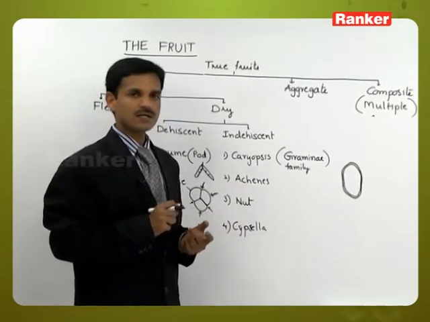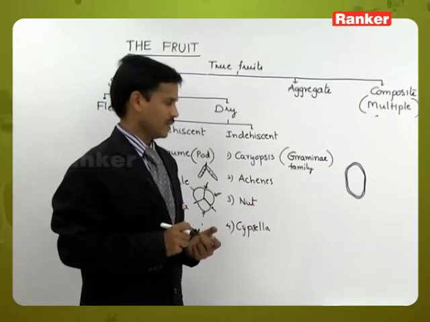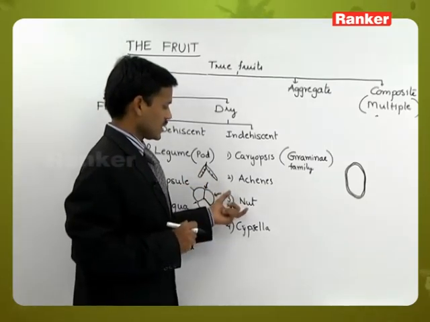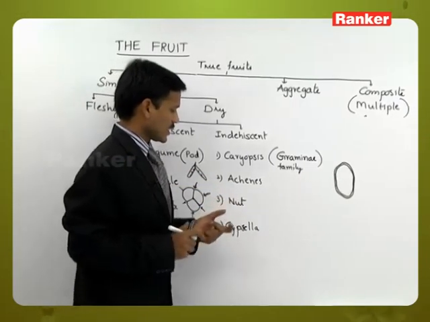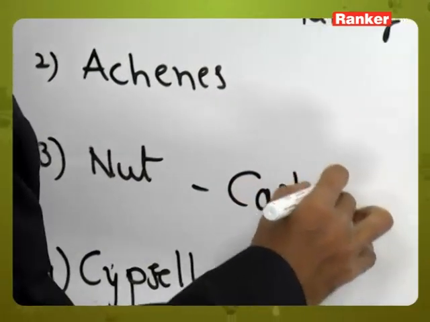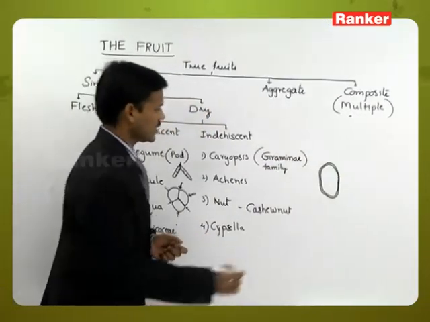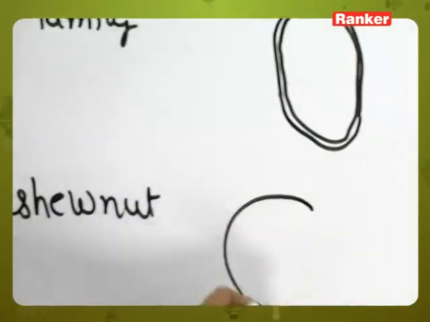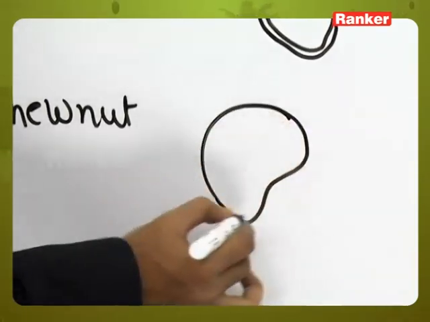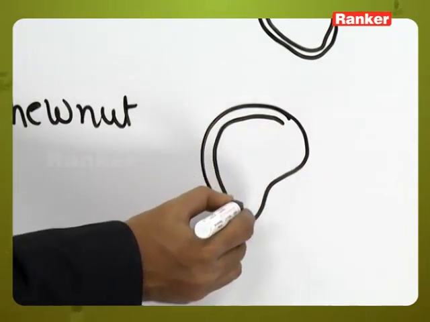In achenes the fruit wall and seed coat are fused incompletely. And the nut is observed in the cashew plant, cashew nut. Here the fruit wall and seed coat are completely free, not fused. The fruit wall is very hard, stony, and here it is the seed.